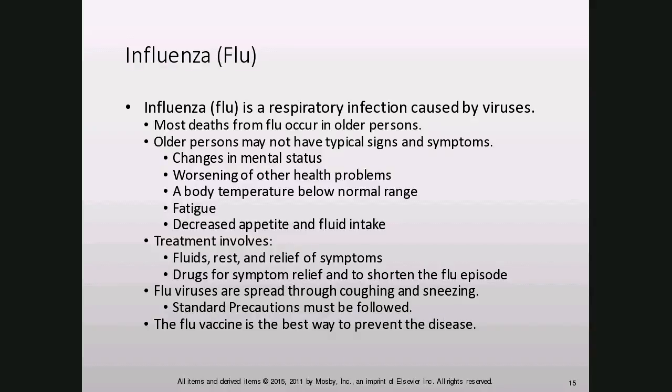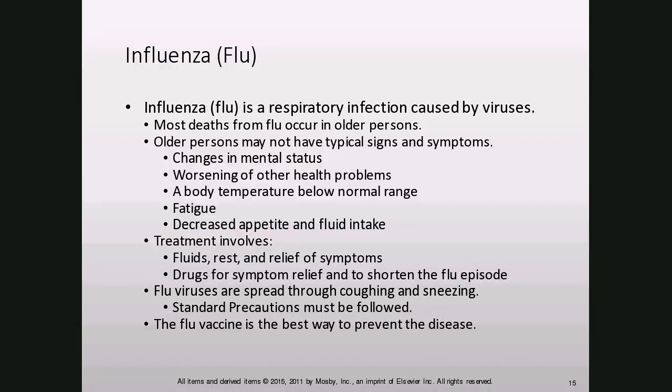But flu viruses are spread through coughing and sneezing. So again, standard precautions, wear that mask if you need to and when you need to. And the flu vaccine is the best way to prevent disease. So usually around October, even though the flu season is from August to May, most of the residents get their flu shots in October. And we try to get them to take the flu shot to help prevent it.